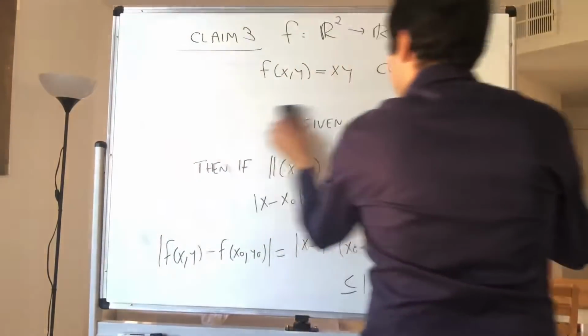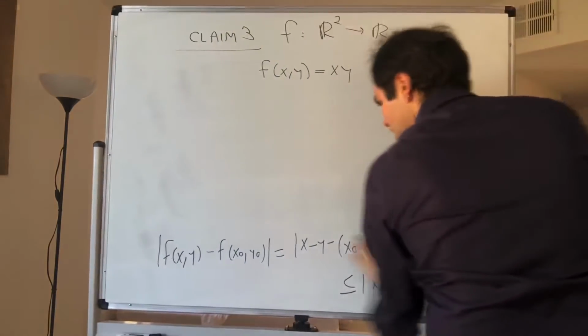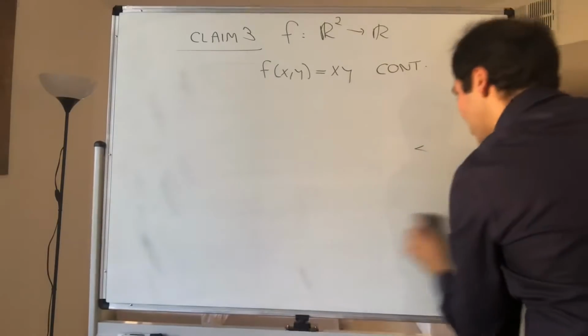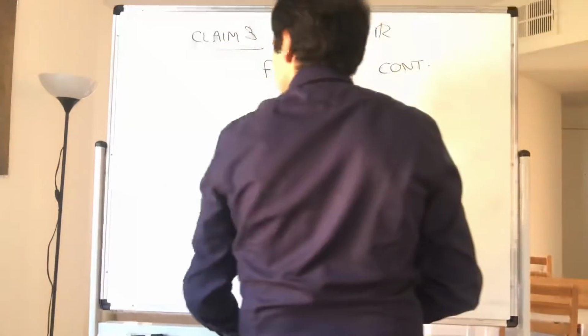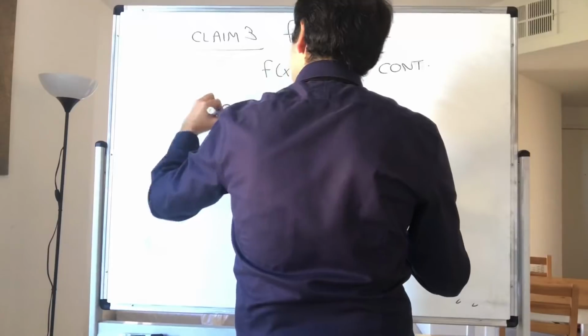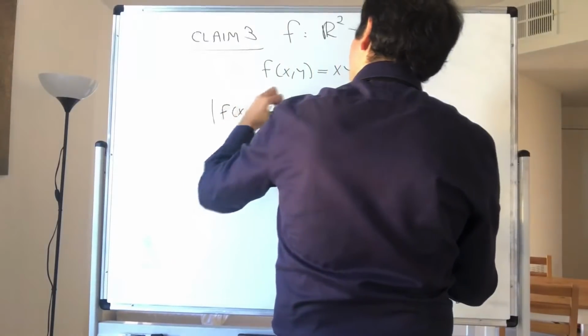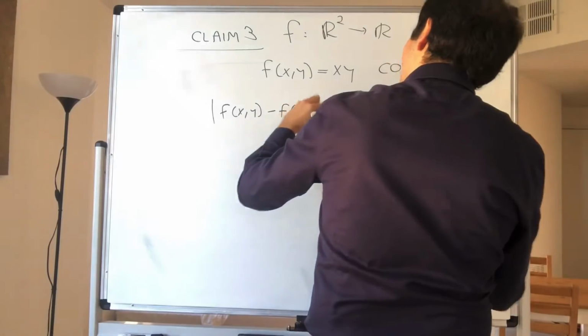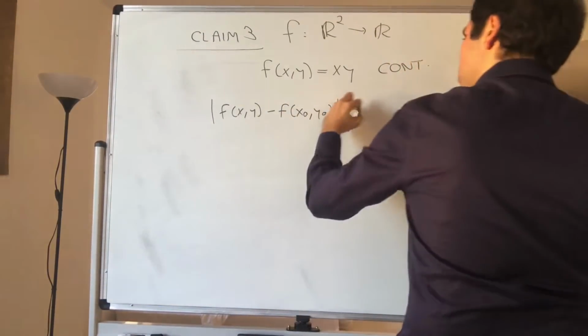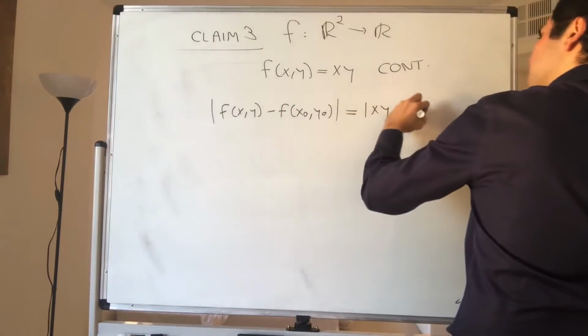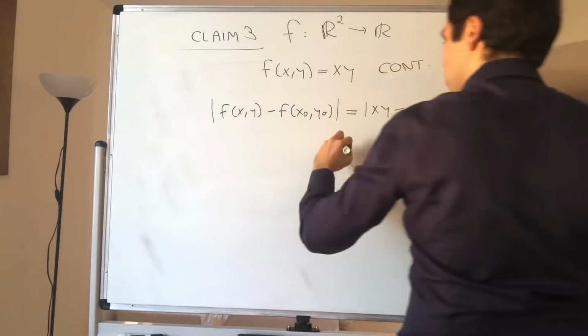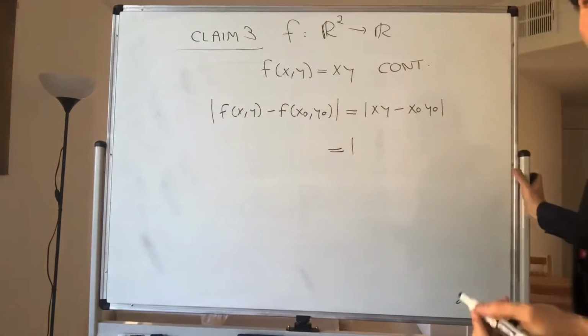For this, let's do a little bit of scratch work, because it's not too obvious. What we want to do is estimate |f(x, y) − f(x₀, y₀)|. But that's just |xy − x₀y₀|. But then here's a nice trick as usual.